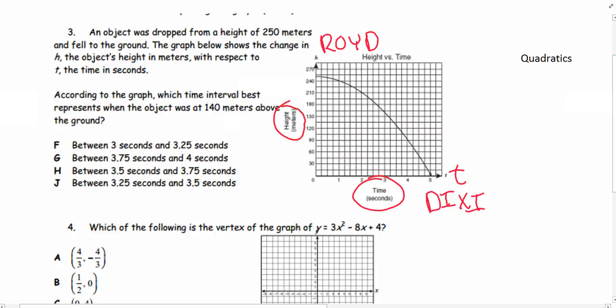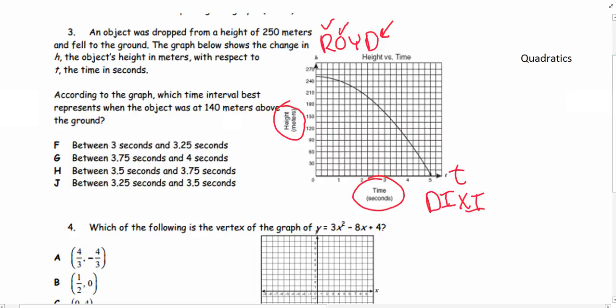And the last I is independent, and the Roy is range, the output of the function. So that's the answer you get when you look at your calculator in the table for the y's. It is the y value, and it depends. So the answer depends on what you input. So Roy is being told by Dixie what its value is.